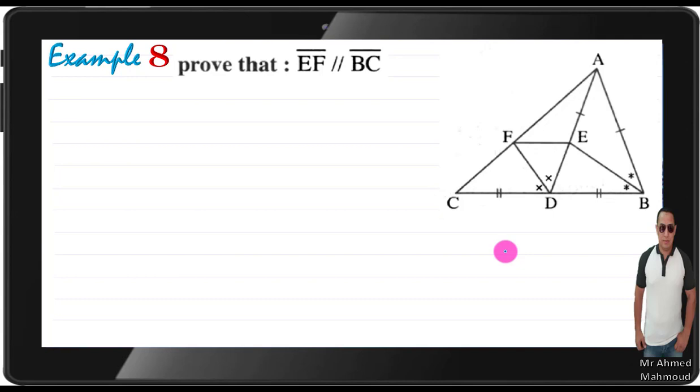Now in this example we have AB equals AD, DB equals DC. Prove that EF is parallel to BC.